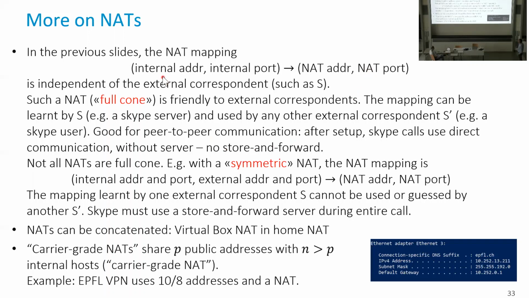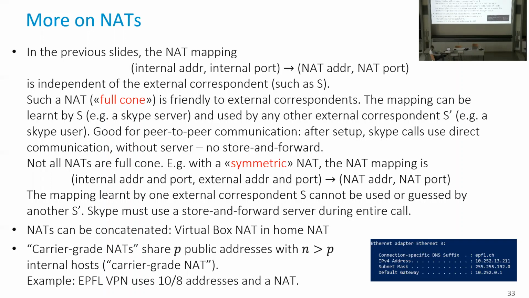But not all NATs are like this. Many NATs do more complex things, also for security reasons. They allocate a port number differently for every external correspondent. That is more secure. That means if someone found a way to communicate with you, someone else cannot learn from that because it will not work.